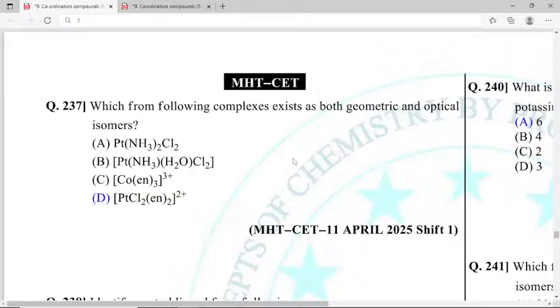Which of the following complexes shows both geometric and optical isomerism? Pt(en)2 2 plus. En is ethylene diamine.